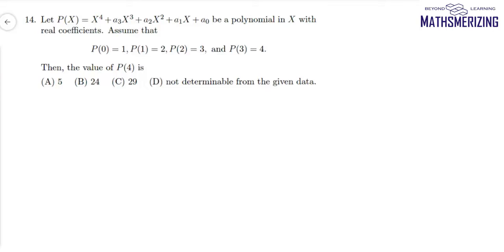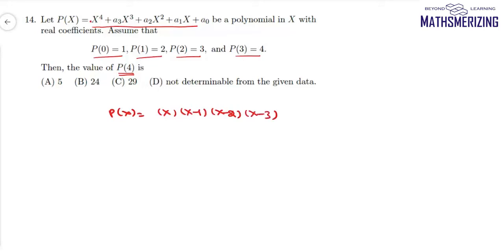Now in question number 14, we are given a 4th degree polynomial, and P(0) is 1, P(1) is 2, P(2) is 3, and P(3) is 4. We need to find the value of P(4), and we also know that the leading coefficient is 1. So I can actually write this P(x) as x into (x minus 1), (x minus 2), and (x minus 3).